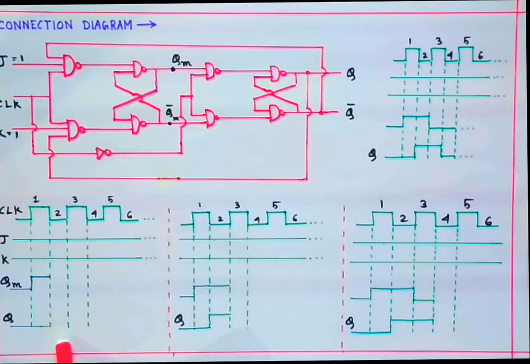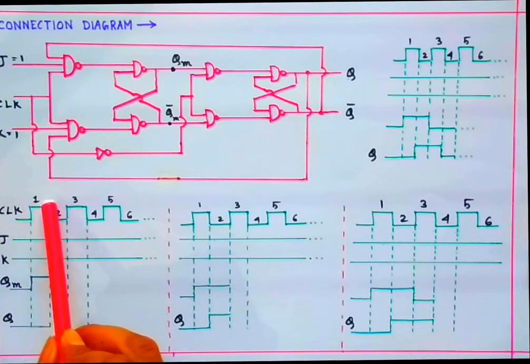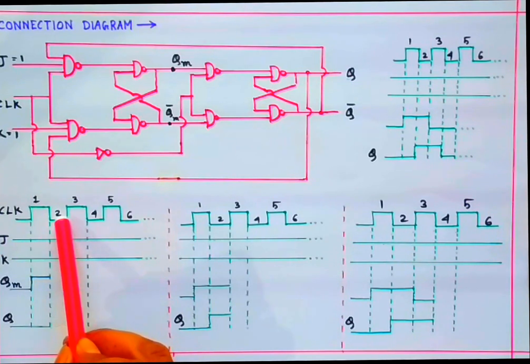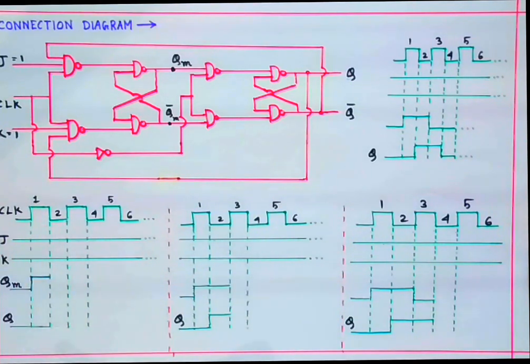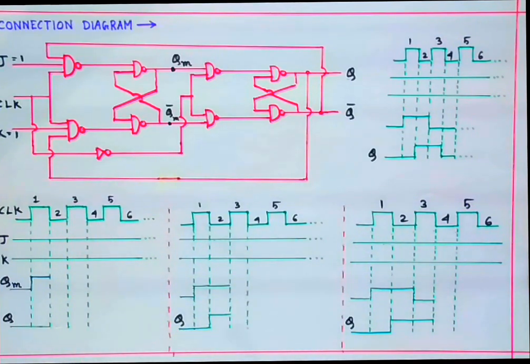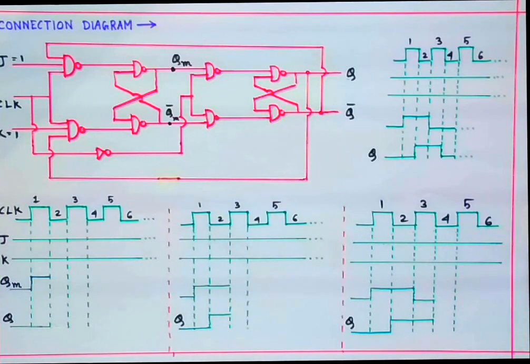For stage 1 I have taken only this time of the clock. For stage 2 I have taken only this time of the clock. In the same manner I will discuss stage 3 and stage 4. So first one is stage 1. That means I will consider only this high condition of the clock.